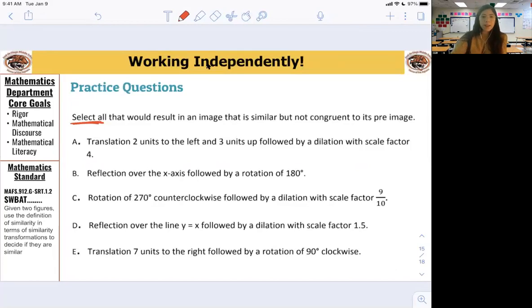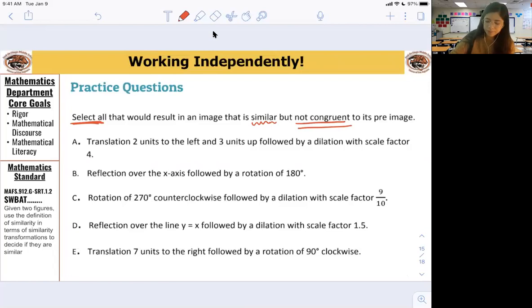This has to be an image that is similar, but not congruent. So what has to happen in order for it to be not congruent? What type of transformation will make something no longer congruent?